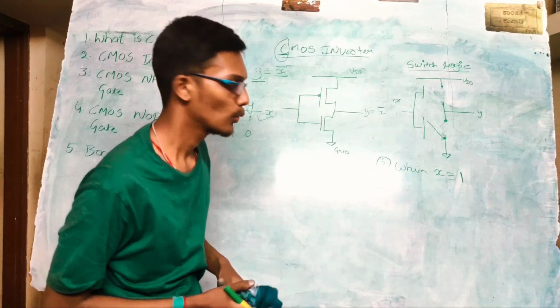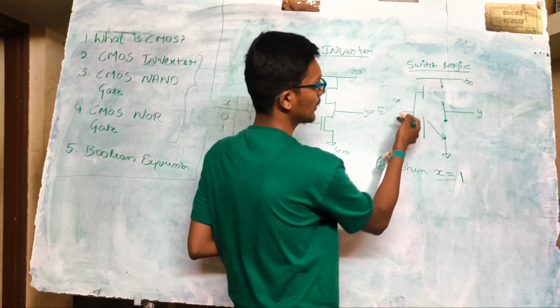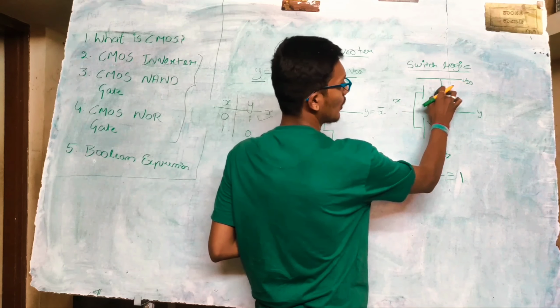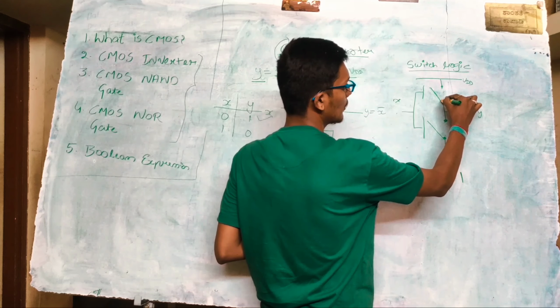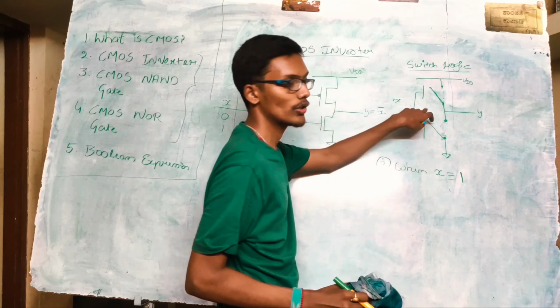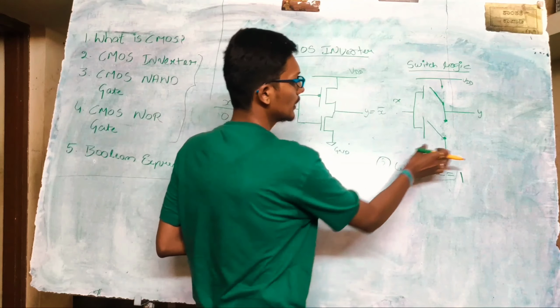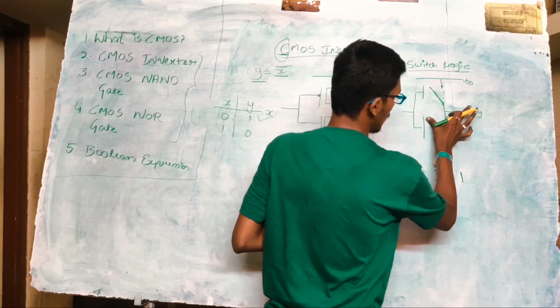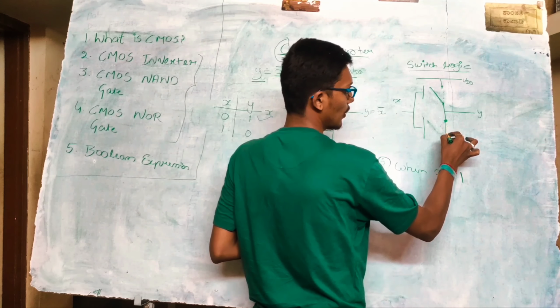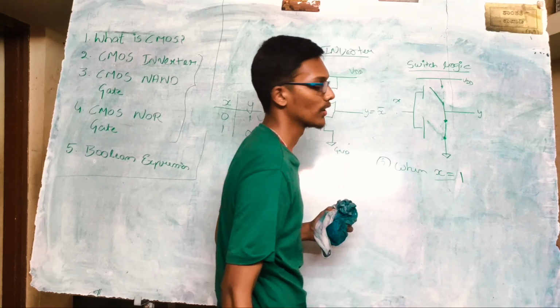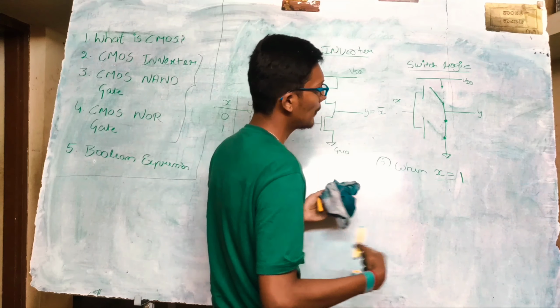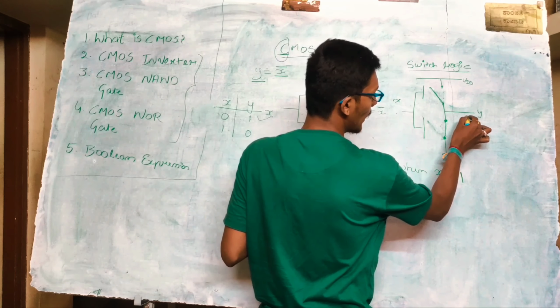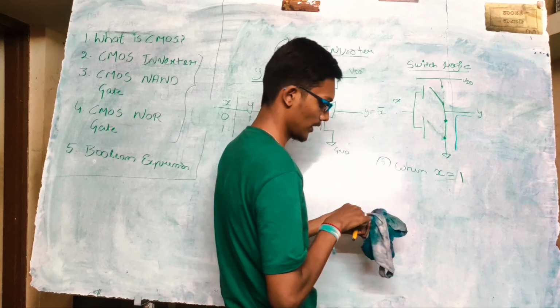So when the input is 1, we have an open circuit at PMOS, that is, it is not short circuited. This NMOS will get short circuited, a closed switch at logic 1. So a path is established between Y and the ground terminal.